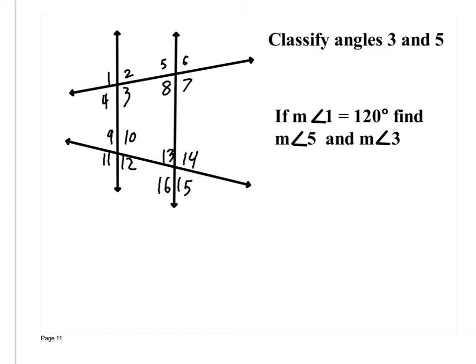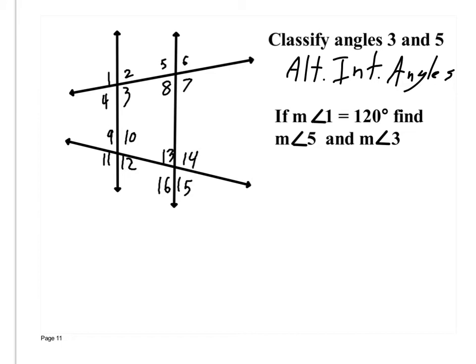Can't tell. So then I go to alternate interior angles. Are they inside the parallel lines and on opposite sides? Yep, so they're alternate interior angles. That's all you do. You go through your list and figure out which one it is.